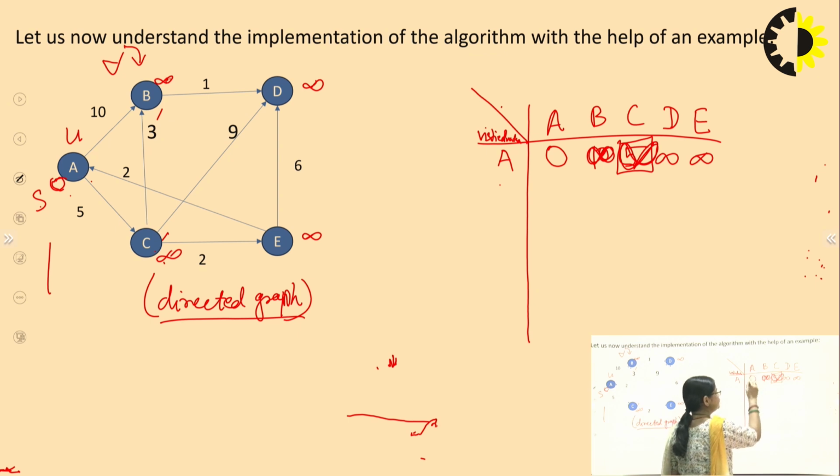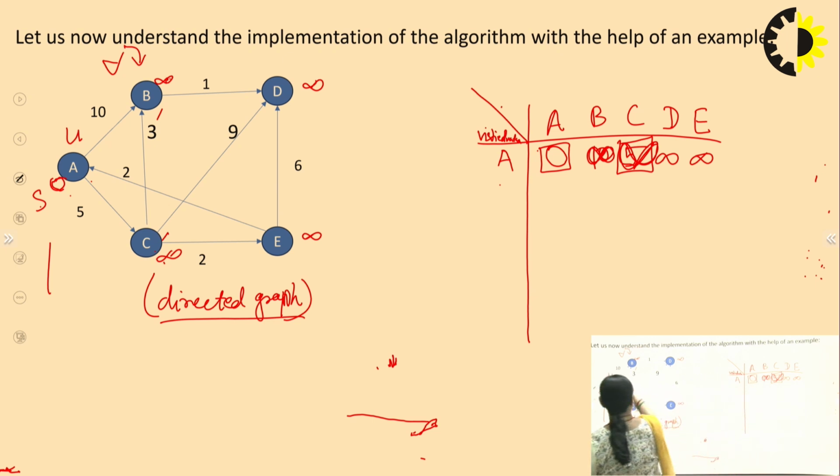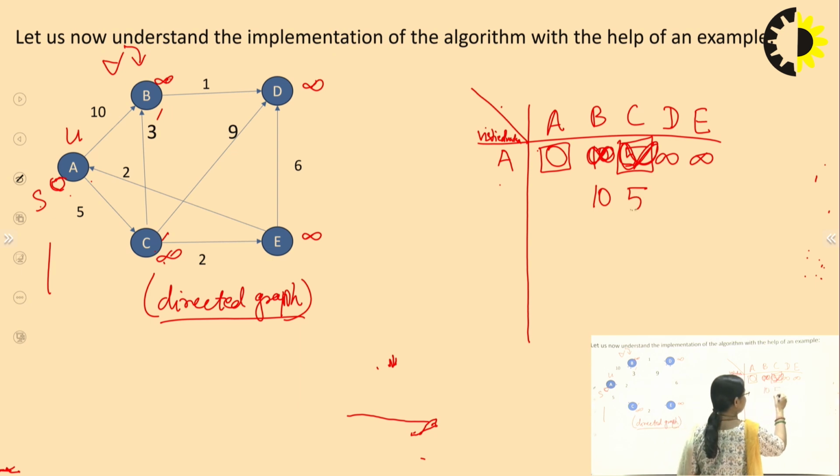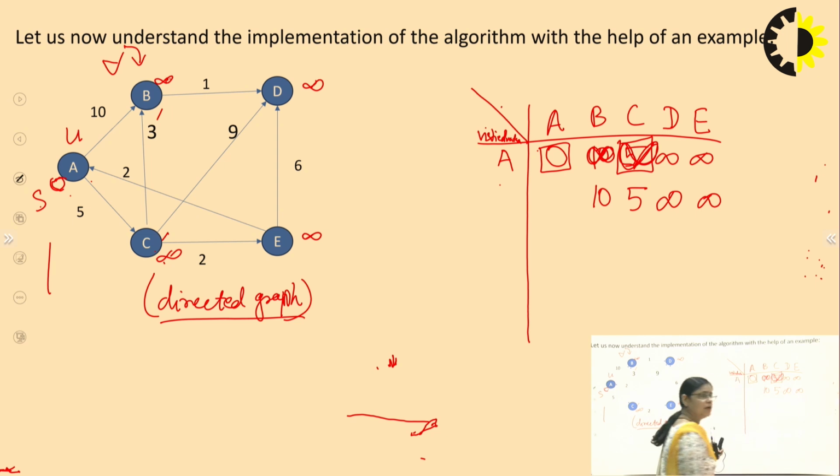This will be the minimum, that is 0, okay, this will be your minimum part. And then again, if I take A to B or A to C, A to B will now be 10, A to C will be 5, A to D will be infinity, and A to E will be infinity.